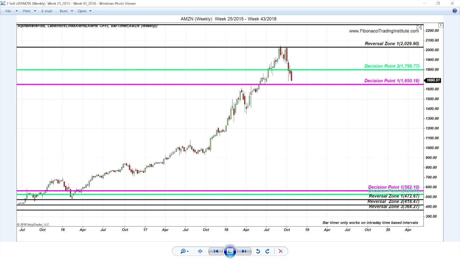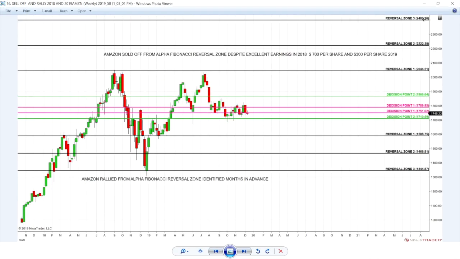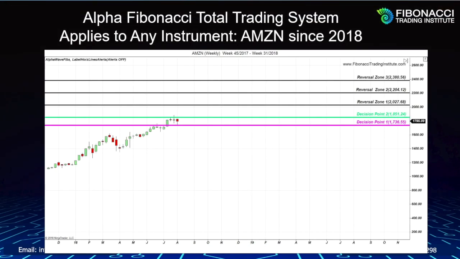Market is flawless, Alpha Fibonacci puzzle, and every time price comes to the reversal zone, Amazon keeps selling off, no matter how spectacular earnings are. That's what Amazon has done in the last few years. Stunning earnings don't mean a thing.